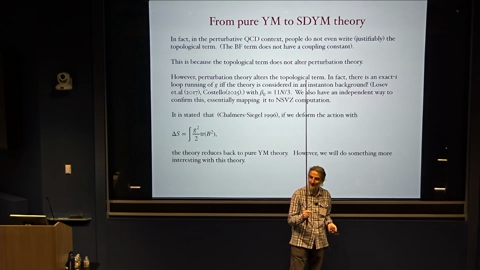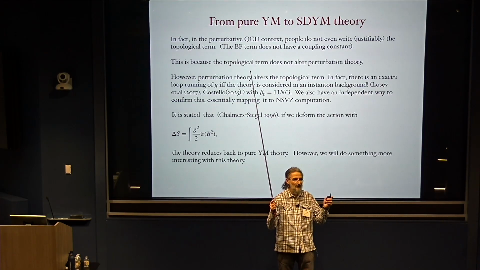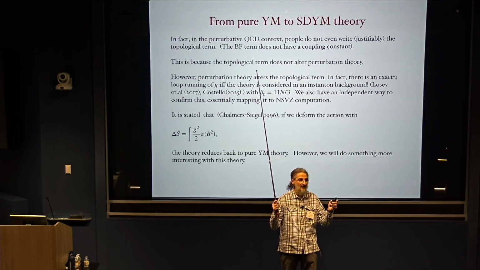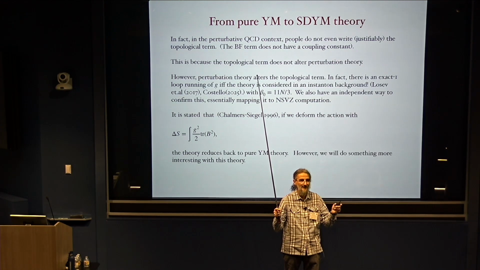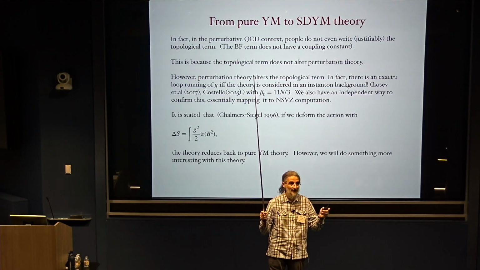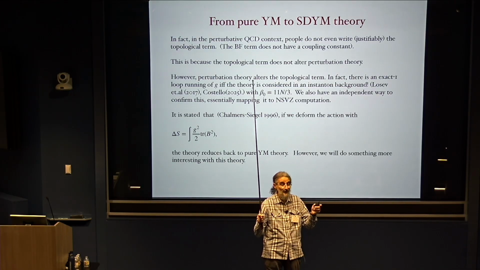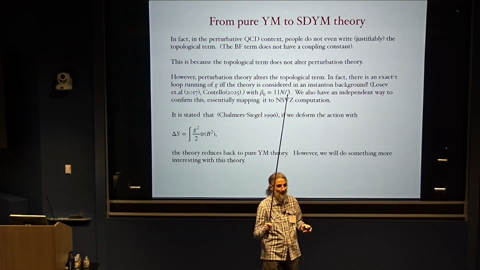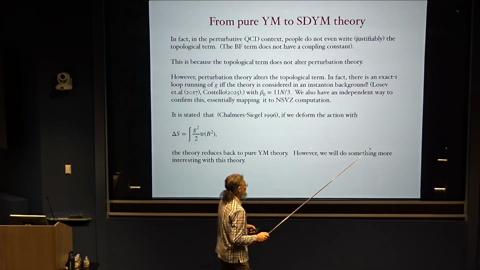The topological term does not enter perturbation theory, but in this theory, remember that we broke the parity between positive helicity and negative helicity. There is no longer a parity symmetry. So in principle, the topological term is a classically marginal term. You have to add it to the Lagrangian. It may not affect perturbation theory, but it will affect the theory. Even if you do not add it, it will be generated. And this is what Losev and Costello showed.